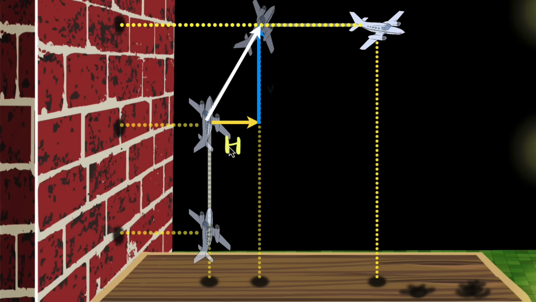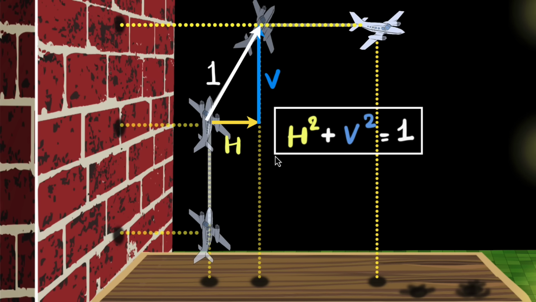Which means if we label them, let's call H for horizontal, V for vertical, and we know this speed is always 1 because that speed is always constant. That's constant, 1 meter per second. Then just by using Pythagoras, we know that the squares of these speeds should add up to give us 1.